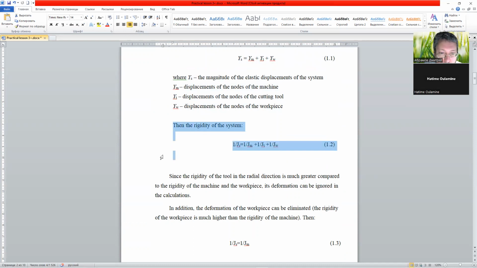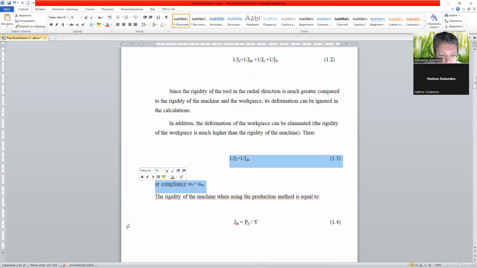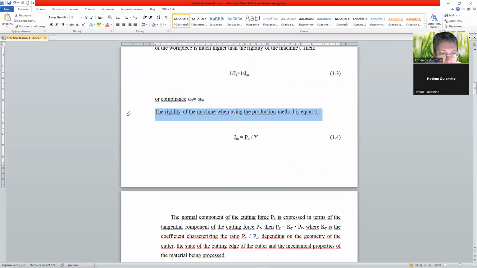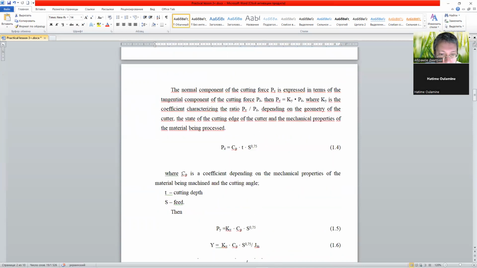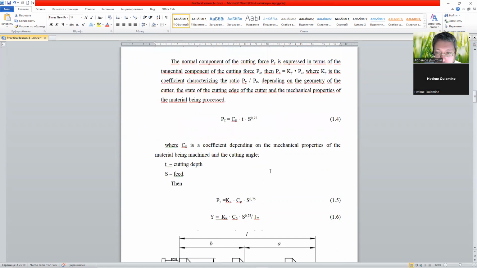the rigidity of the system, this formula 1.3, 1.4. The forces P_z and P_y you calculate, and y you should calculate by formulas 1.4, 1.5, and 1.6.